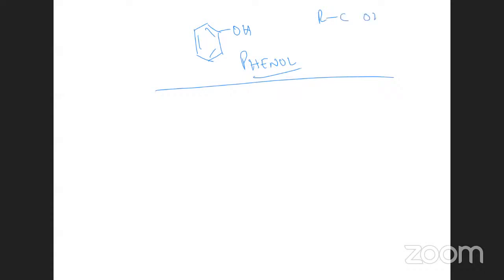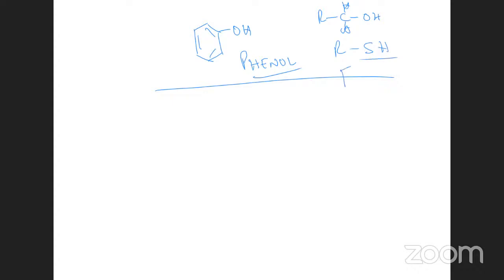So it's RSH. Thioalcohols or thiols. Another one is phenol, where benzene is attached. If it is directly on the carbon, that is alcohol. If I have SH, that is thiol.